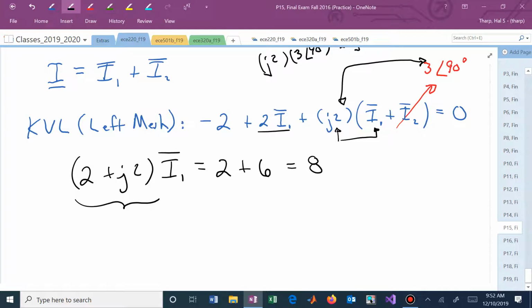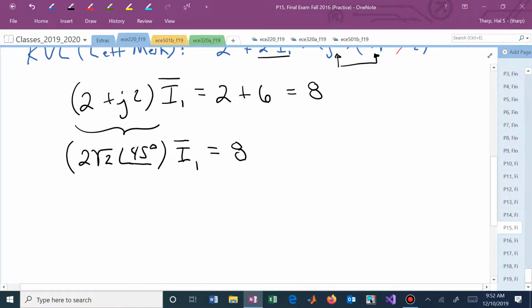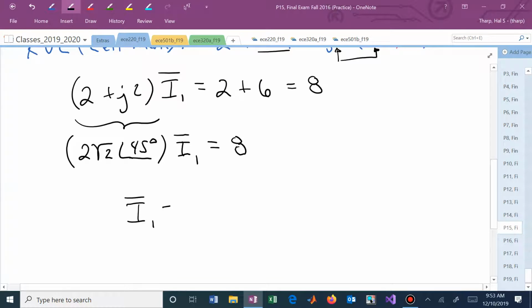I've gone the same distance over as I've gone up. The angle is 45. This I can fairly quickly write without the calculator as 2 times the square root of 2 at an angle of 45 degrees. And now I can solve for I1.